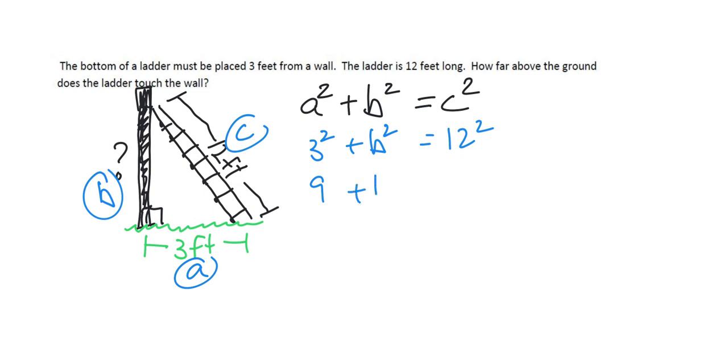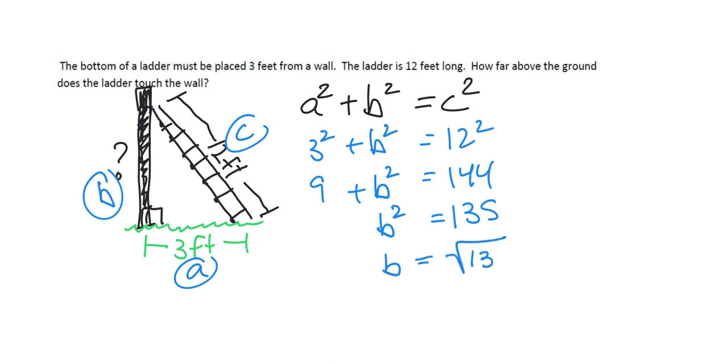So 9 plus b squared equals 144. Take 9 away from each side, and b squared equals 135. Take the square root of both sides, and b is the square root of 135.